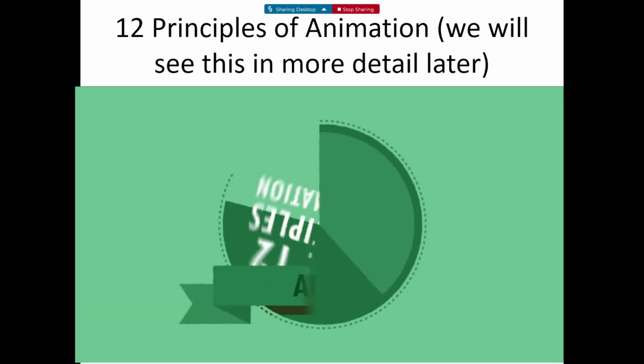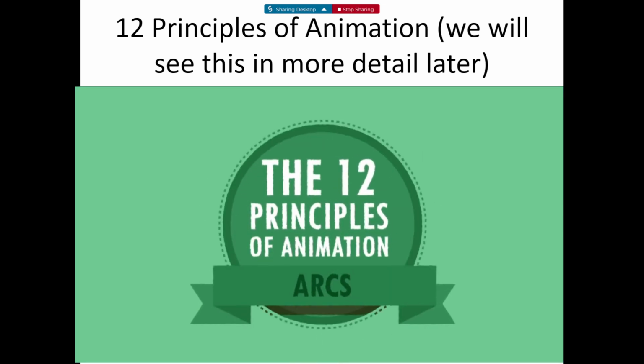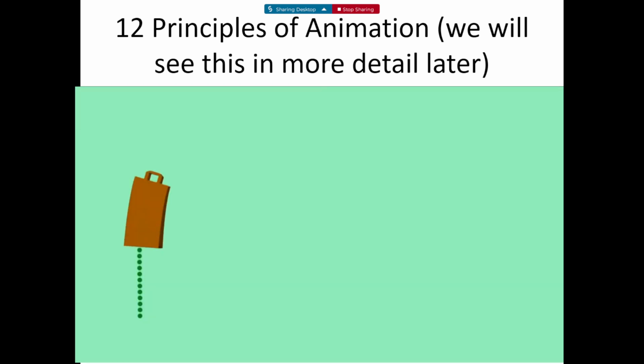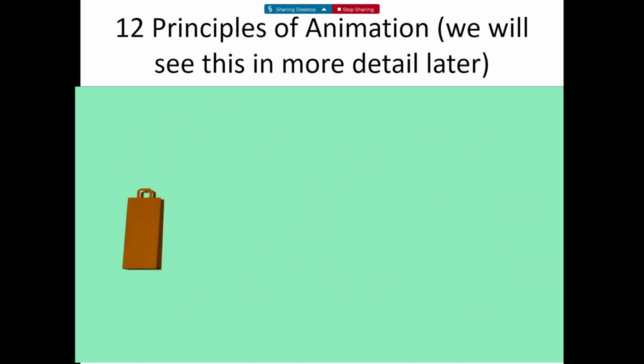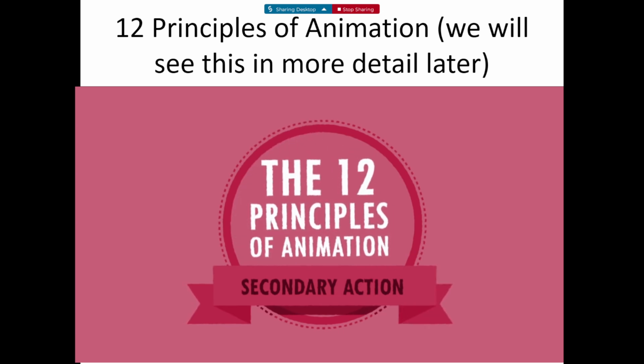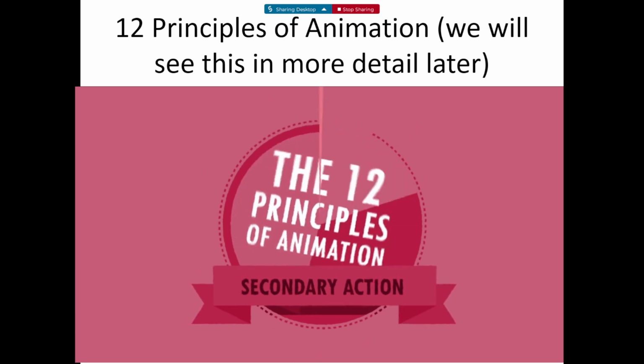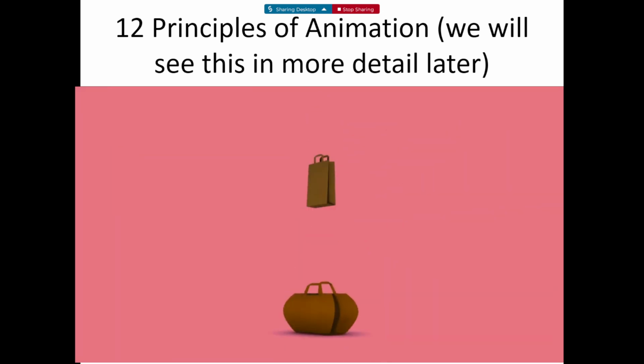So that's an acceleration and a deceleration. And then most things should move in arcs because they look nicer when they move in arcs. You shouldn't have a linear. The only exceptions are stuff like robots. They can have linear motions, but most humans move in arcs, and most things move in arcs.